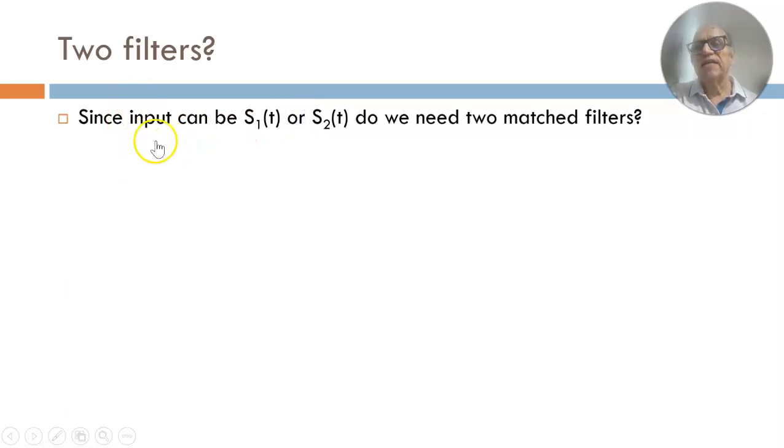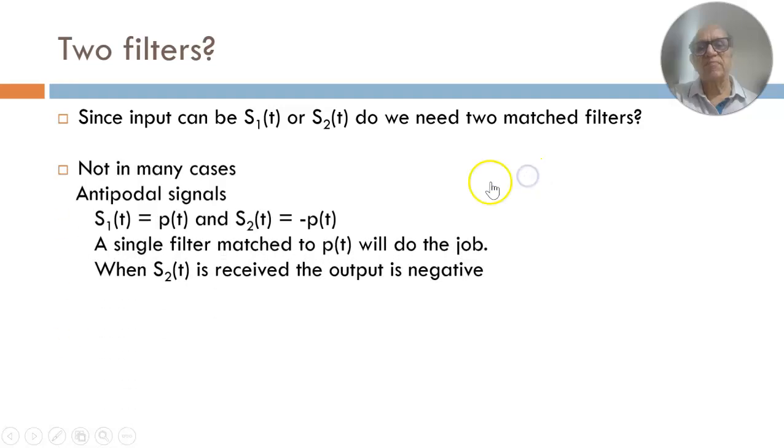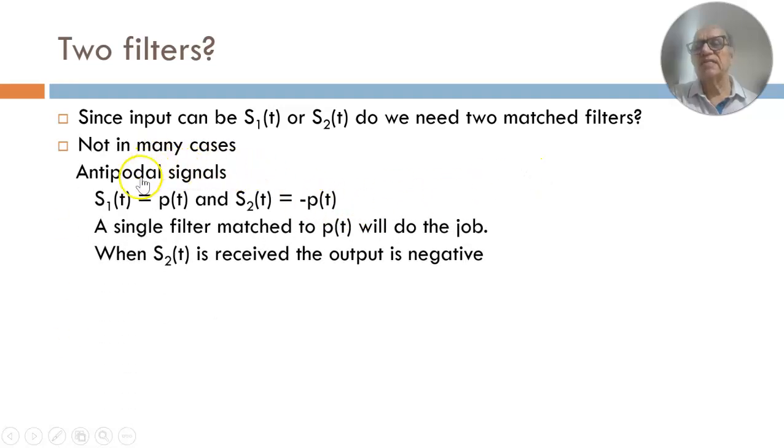So I am just reiterating that question. Since input can be s1(t) or s2(t), do we need two matched filters? And the answer is that in many cases you don't need it. For example, if you have antipodal signals, antipodal signal means if s1(t) is p(t), then s2(t) is simply minus p(t).